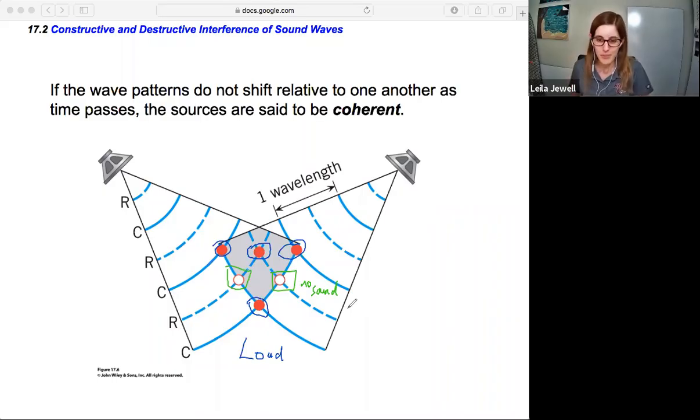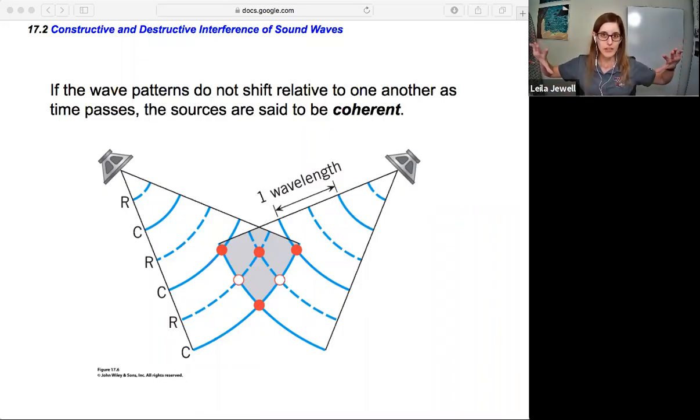It can happen, but it's not usually desirable. So how do we determine where in this mapping out we would have loud sounds versus no sounds? Well, it turns out the key is going to be the path length between the two speakers.